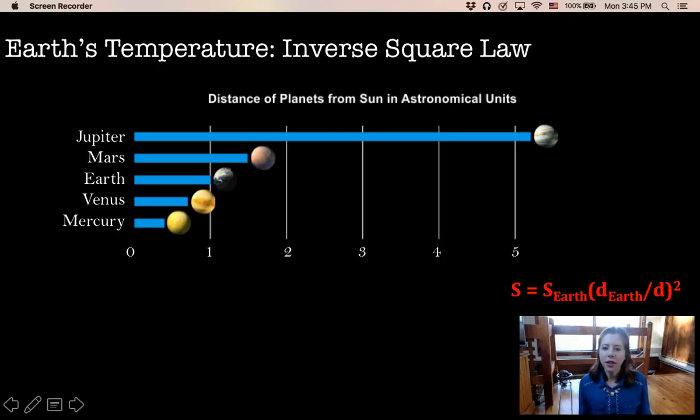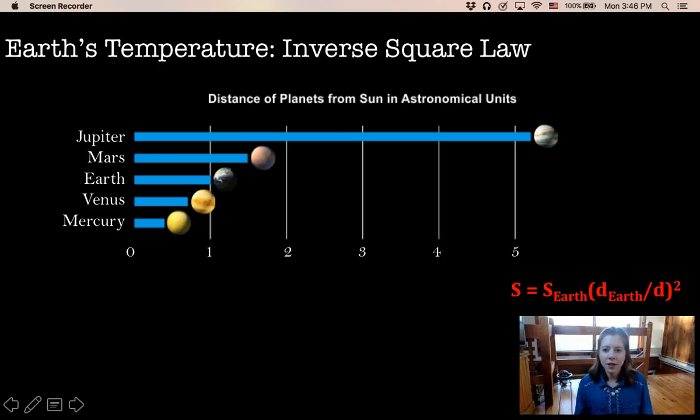Say we want to calculate the solar flux density at the top of Venus's atmosphere. So that would be our S on the left-hand side of the equation. Well, for D, the D that's below D sub Earth in the equation, we could sub in 0.72 astronomical units. So we could determine the solar flux density at the top of Venus's atmosphere by taking 1360 watts per meter squared, which is the solar flux density at the top of Earth's atmosphere, times 1 astronomical unit divided by 0.72 astronomical units.